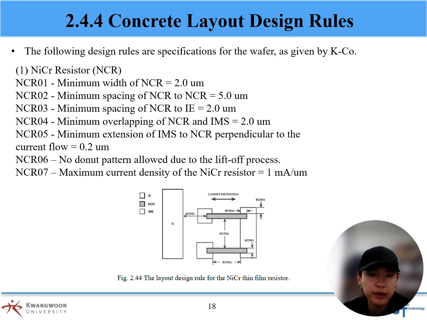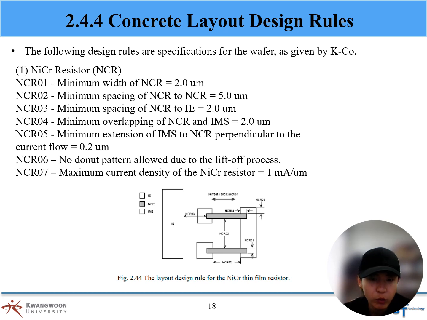The following design rules are specifications for the wafer as given by Keiku. First is Nickel NCR. The minimum width of NCR is 2 micrometer. The minimum spacing of NCR to NCR is 5 micrometer. The minimum spacing of NCR to IE is 2 micrometer.